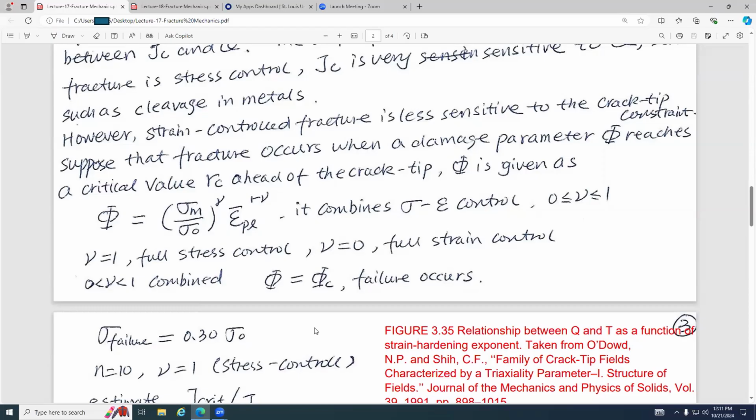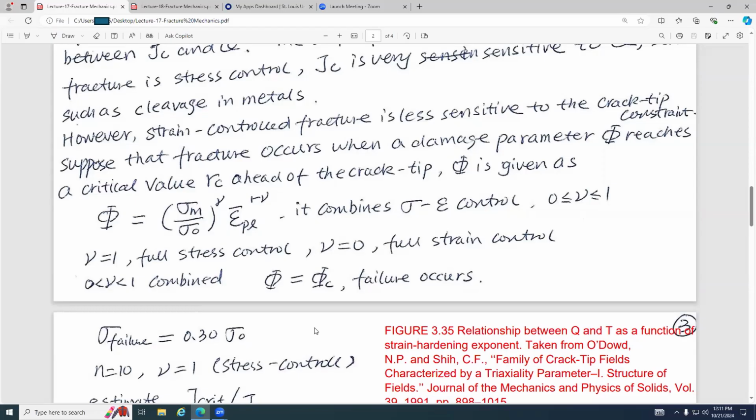PL means plastic, so it combines the stress control and the strain control. Right? Sigma is the stress control, and epsilon is the strain control. And this gamma is from 0 to 1.